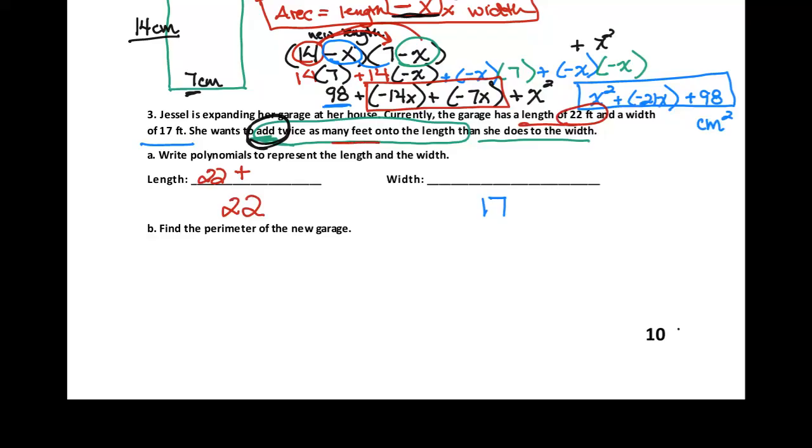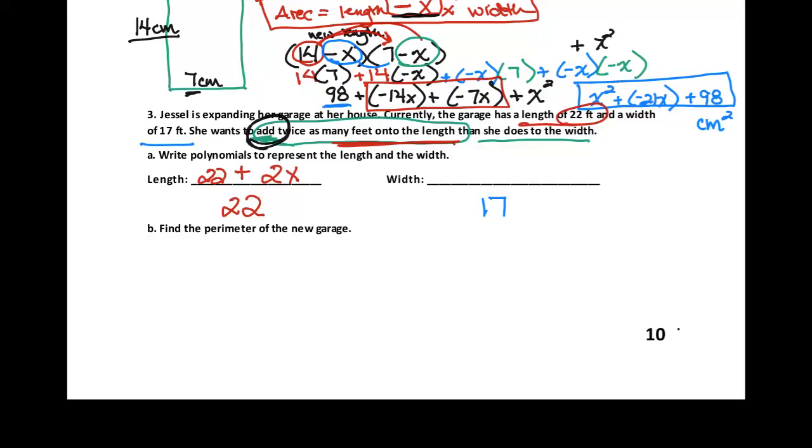Do we know how many feet she's going to add? No, but we know it's going to be twice as much as she does for the width. If I don't know what that amount is, I'm going to let that be my variable, right? So twice, that's going to be 2 times twice as many feet. I'm going to say 2x.